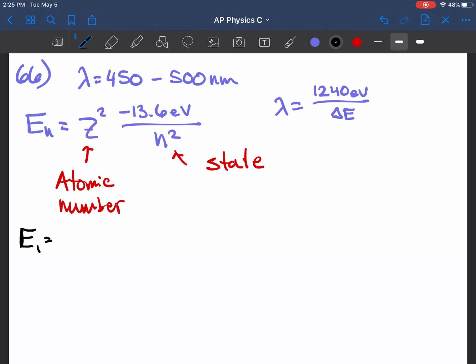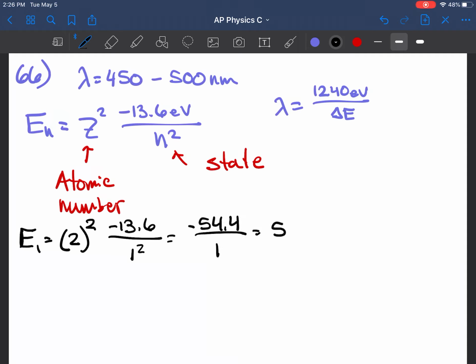E1: the atomic number for helium is 2, so it'd be 2 squared times negative 13.6 over 1 squared. So you get 4 times negative 13.6, which is always going to be the same, so I'll just leave it at negative 54.4 over 1, which equals negative 54.4 eV. That's E1.